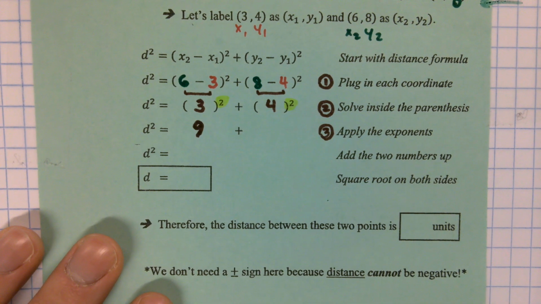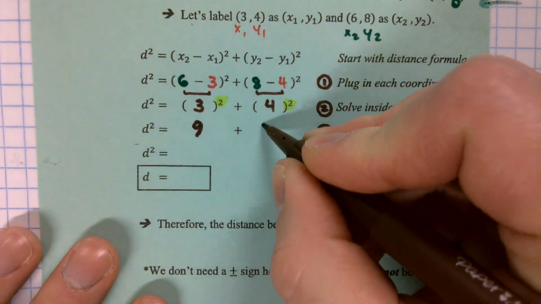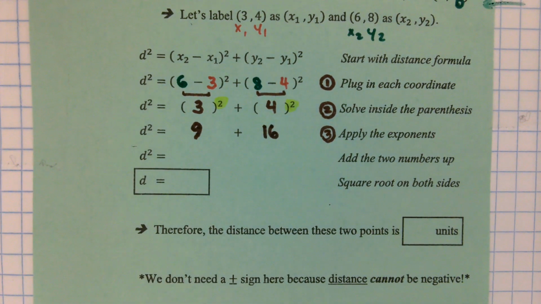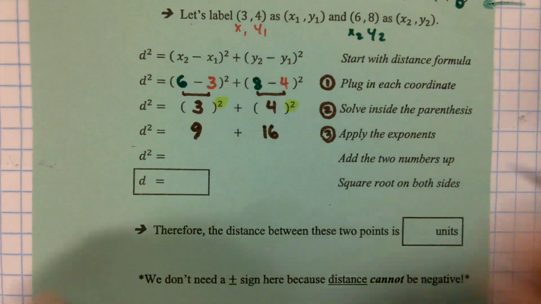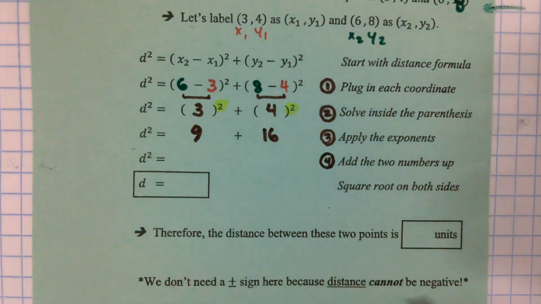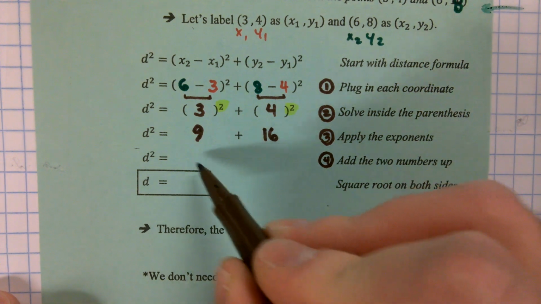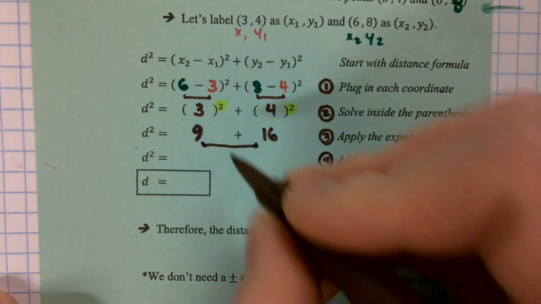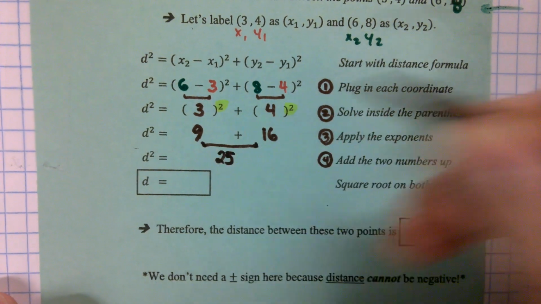Think again. 16. 4 times 4, not 4 times 2. It's 4 squared, giving me 16, right? All right. Step 4. I'm going to add the two numbers together. What would 9 plus 16 give me? 25.